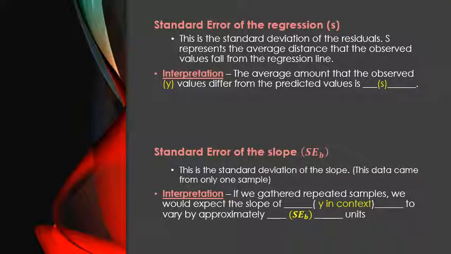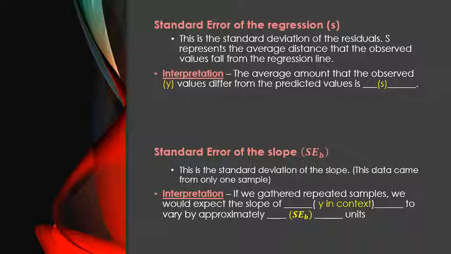Okay, so we talked a little bit about the standard error of the regression line, which was S. This is the standard deviation of the residuals. So S represents the average distance that the observed values fall from the regression line. Sometimes they're just going to ask you to find it, so you just look at the computer output and find what S was. Then sometimes they're going to ask you to do an interpretation of it.